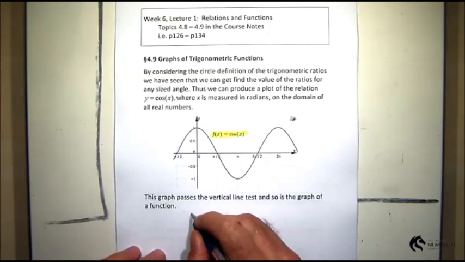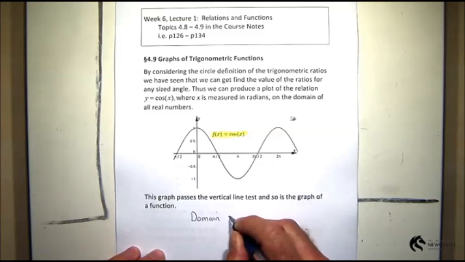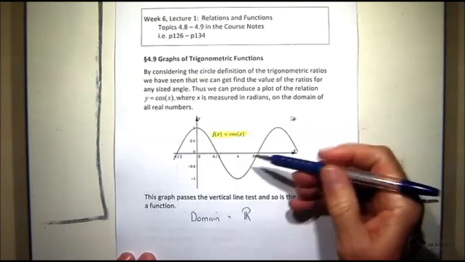And the domain of that function: for what values of x can I calculate the value of cos x? The answer is I can now do that for any real number whatsoever. Just go around that unit circle, find the appropriate x-coordinate. So the domain is the set of all real numbers. What sort of numbers do I get when I do this plot? You can see it here.